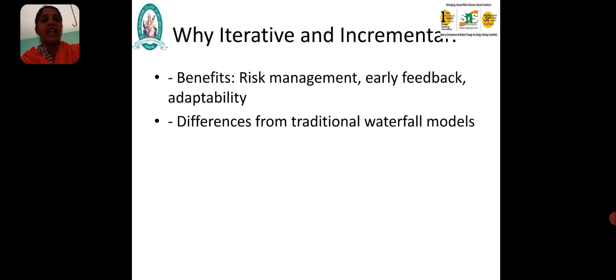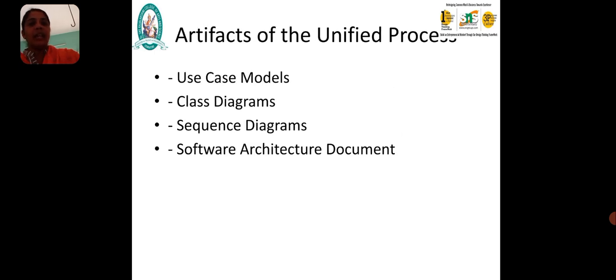Then, why should iterative and incremental be there? There are benefits: risk management, early feedback, and adaptability. We get early feedback because, before facing consequences, we gather feedback from the users. Then only can we easily implement the phases with different methodologies. Next we are going to see traditional models along with agile models.